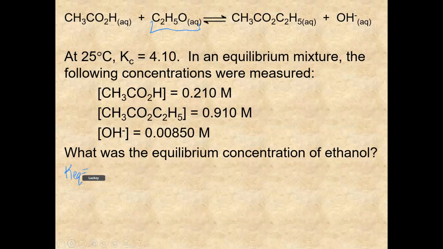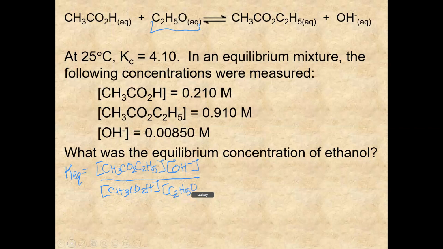It should have the CH3CO2C2H5 product on top with the hydroxide on top, divided by our reactants, the CH3CO2H and our ethanol, C2H5O. So we can plug in what we know and then solve for that unknown.